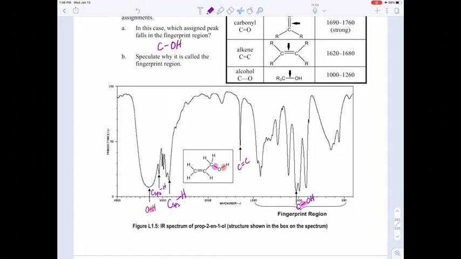use it to confirm. For instance, if there's an unknown white powder in the back seat of somebody's car and the police think it's cocaine, they can run a known sample of cocaine and get the IR spectrum for it, and then they can run the unknown white powder in the back of the car. If the fingerprint region matches, likely it's cocaine. If it doesn't match, it's not cocaine.